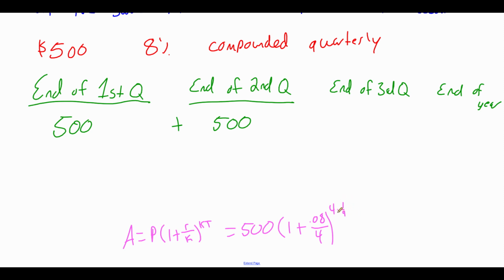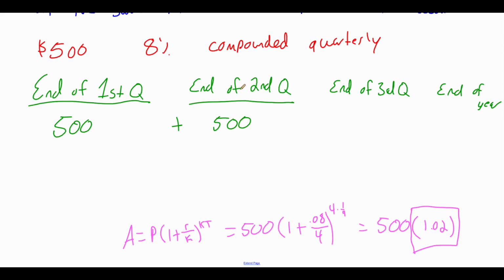Now, if I take 4 times 1/4, then that power just turns into a 1. So I've really got 500 times, inside my parentheses, 0.08 divided by 4, which gives 0.02, and then 1 plus 0.02 is 1.02. So at the end of each quarter, we're really only getting 2% interest.